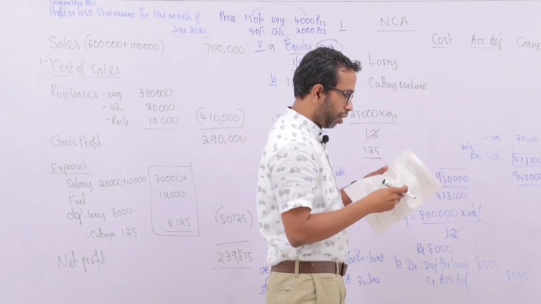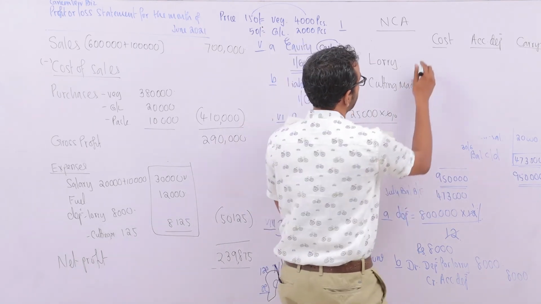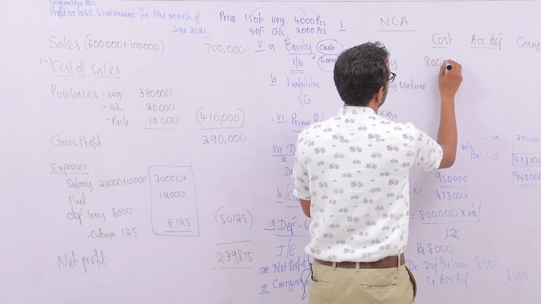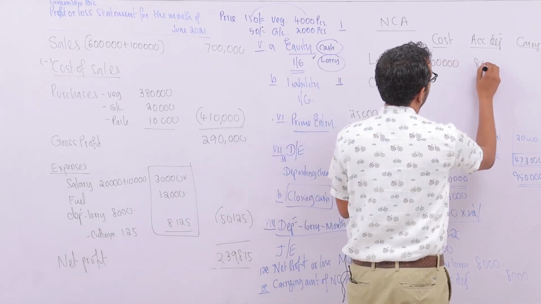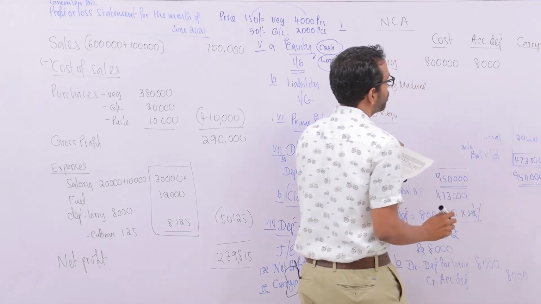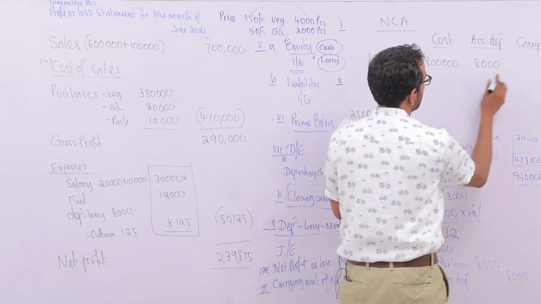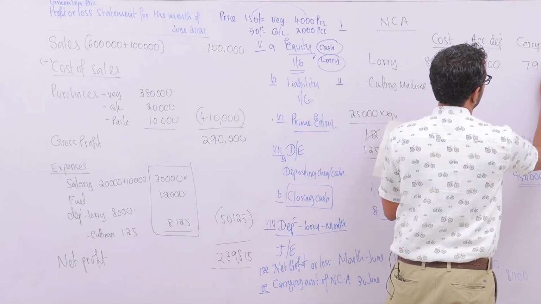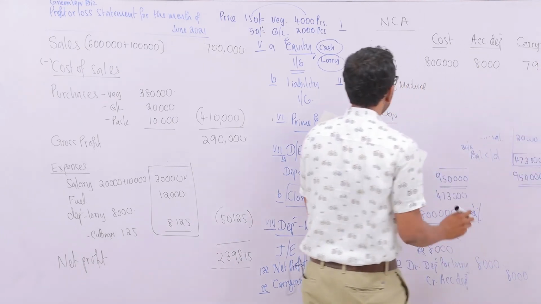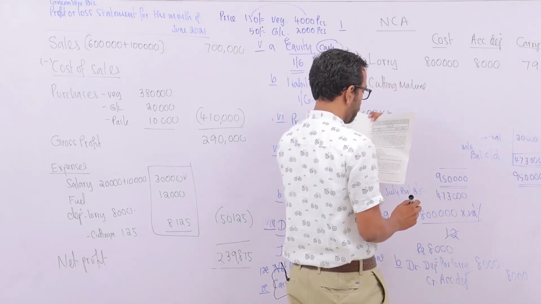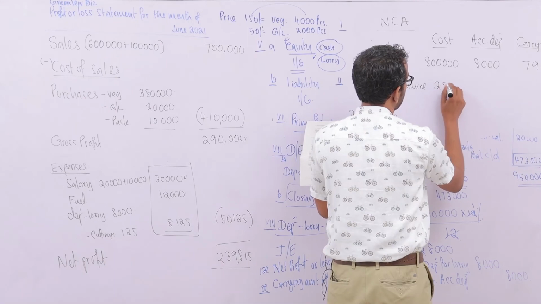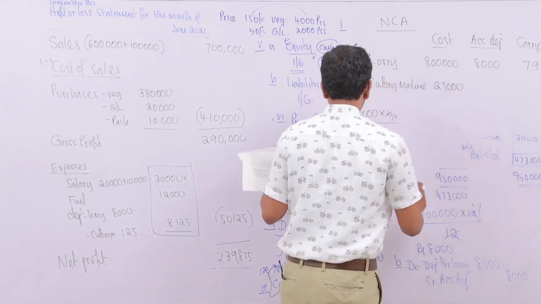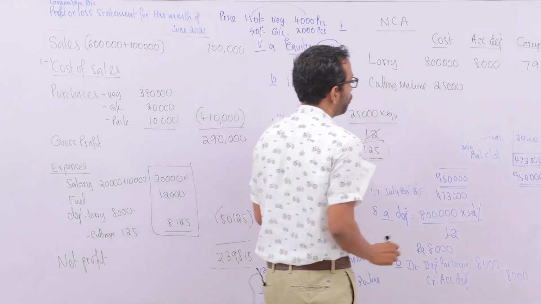The lorry, the cost is 800,000, accumulated depreciation is current month depreciation 8,000, so 792,000. Cutting machine is 25,000. We have calculated the depreciation 125.